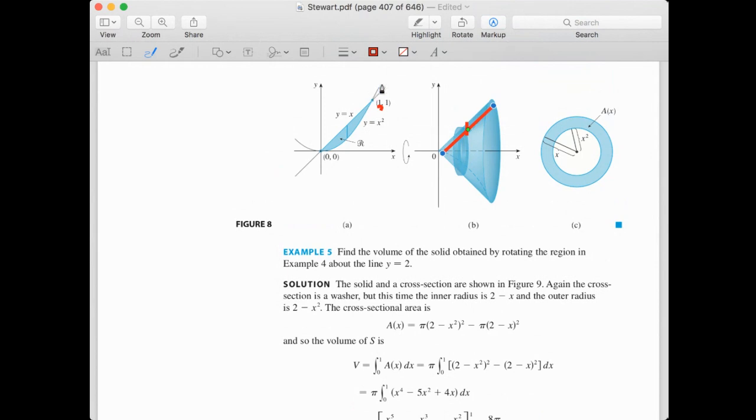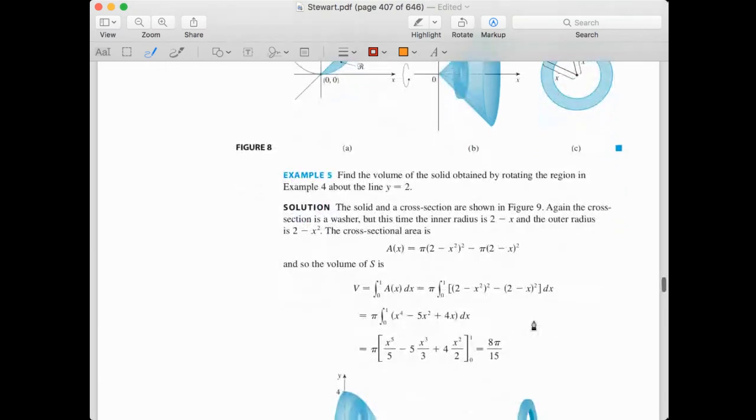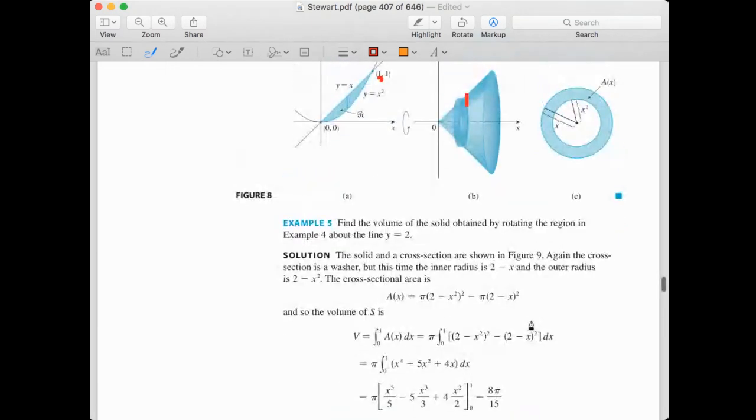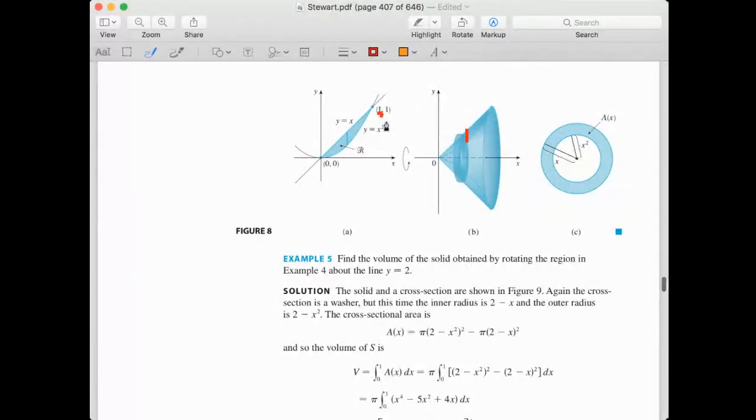Basically, it's the function y equals x, and then y equals x squared, subtracting. So we have x minus x squared. But remember, we want to find the volume of the solid, not the hollow. So the inside of the hollow one is not calculated into the volume.